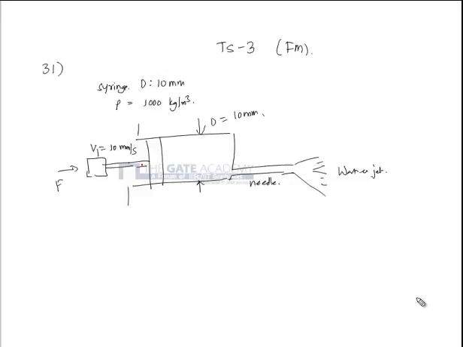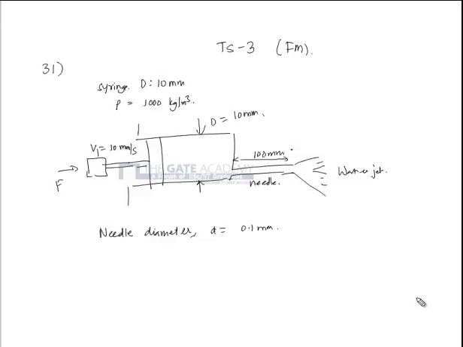The velocity I have already written as 10 mm per second. The needle diameter is also given in the figure, and let's denote it by small d, roughly 0.1 mm, about 100th the diameter. The needle will be very small. This length is also given.